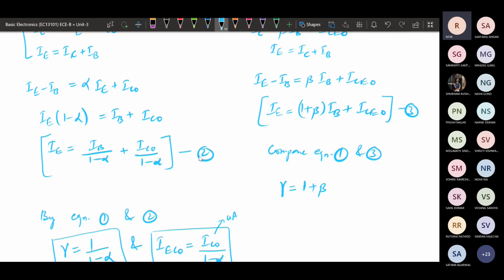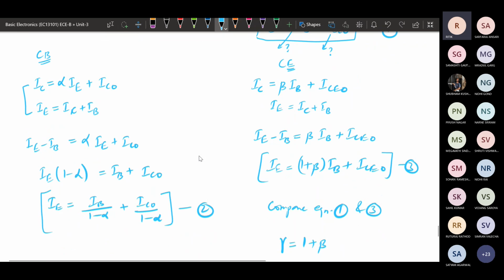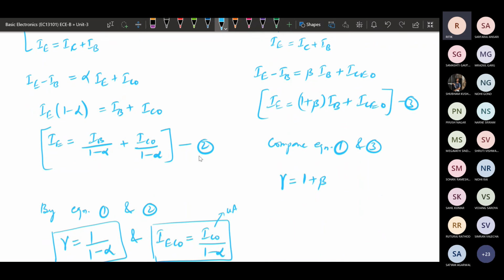From here, IECO is equal to ICEO. That means the leakage current in case of common emitter and common collector will be the same. The same leakage current will be flowing in that case.